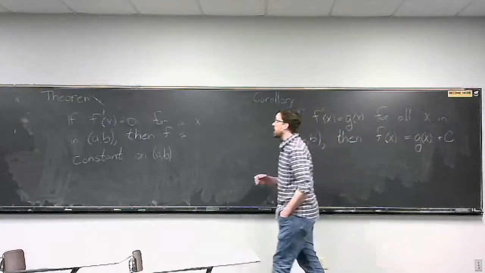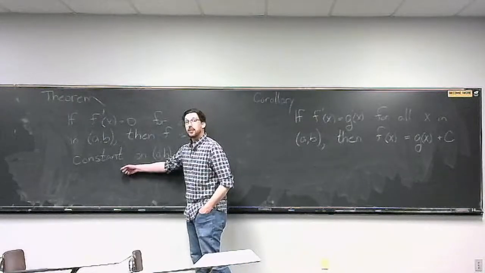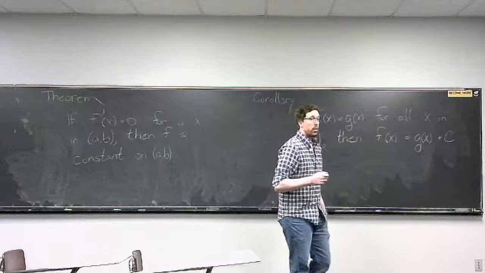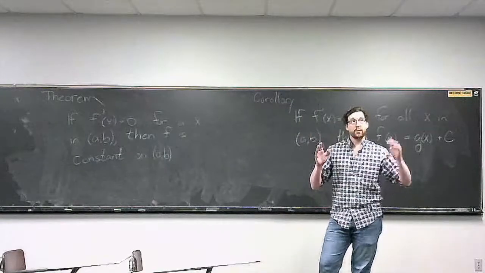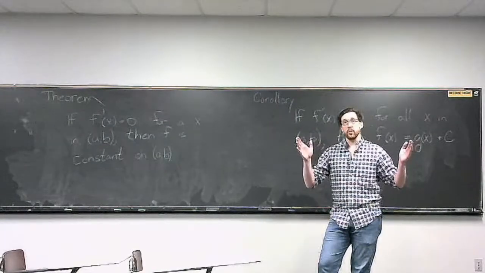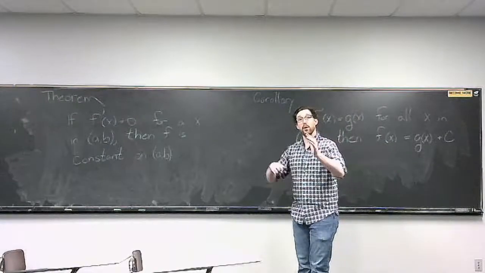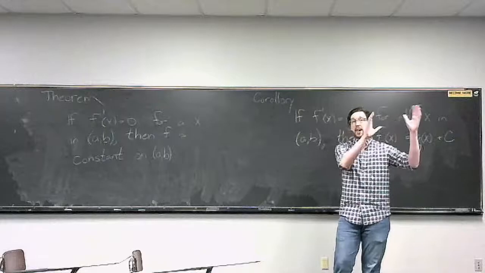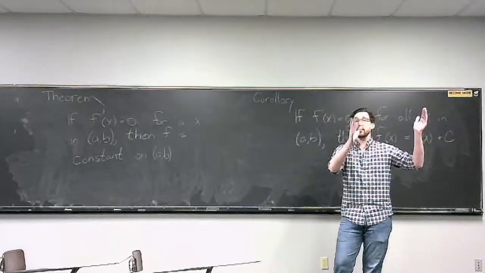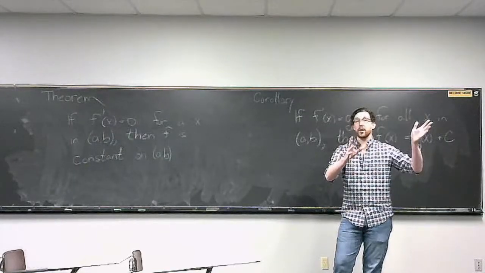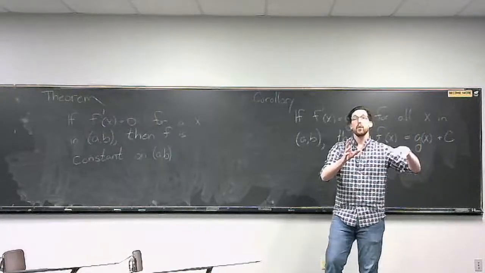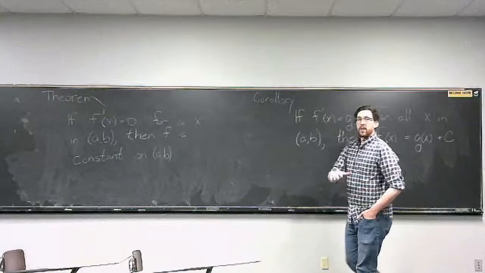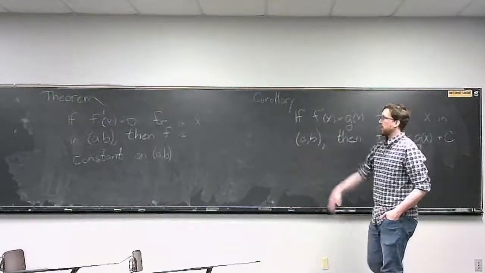And when we look at it in terms of this definition, the reason why is because your first interval is from negative infinity to 0. Your second interval is from 0 to infinity. Your function takes on a constant value from negative infinity to 0 that is different than the constant value from 0 to infinity. So I just want to clarify that example in this theorem a little bit.